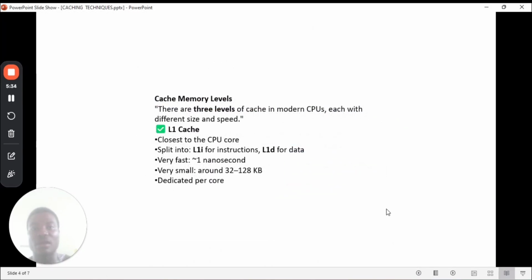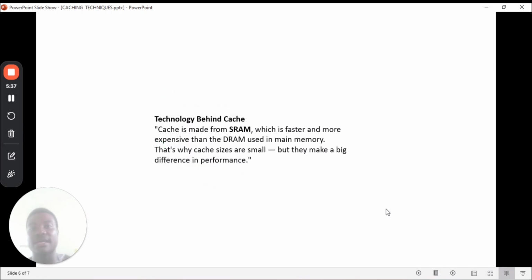Looking at the technology behind cache: cache is made from static random access memory, SRAM, which is faster and more expensive than DRAM. DRAM is dynamic random access memory, used in main memory.